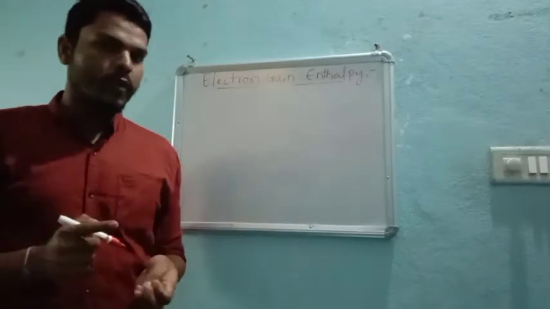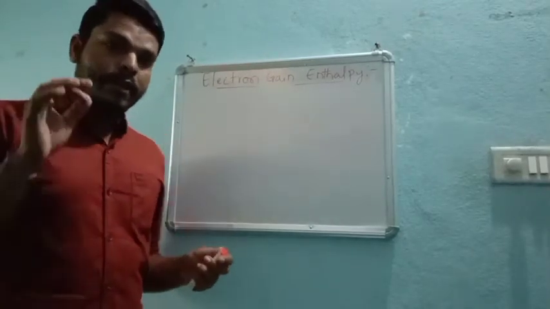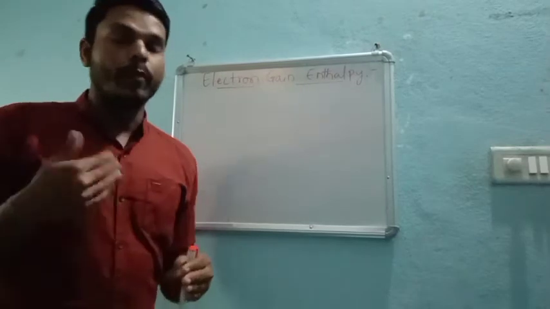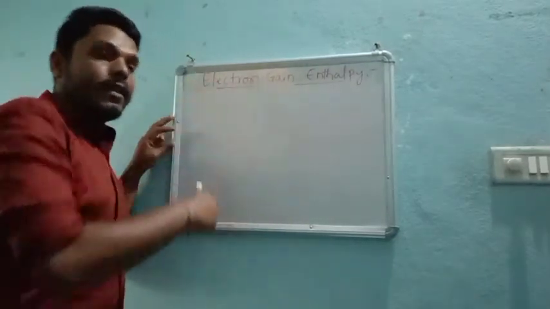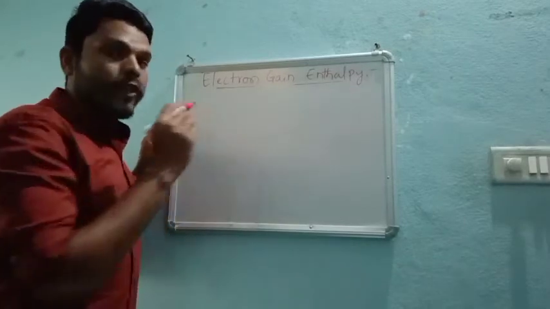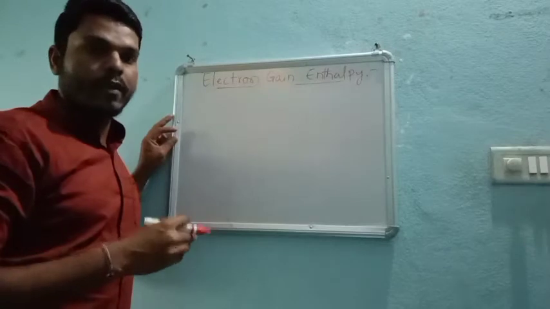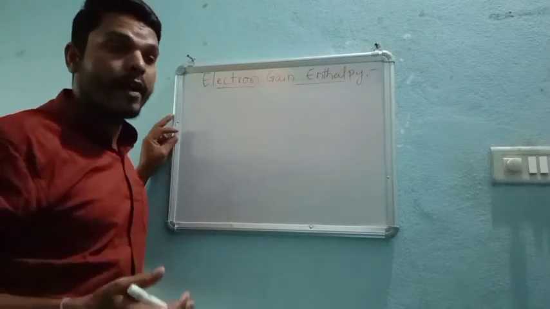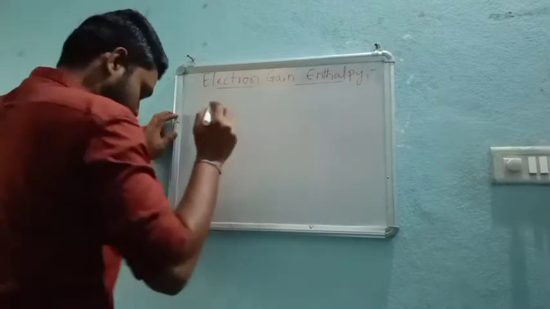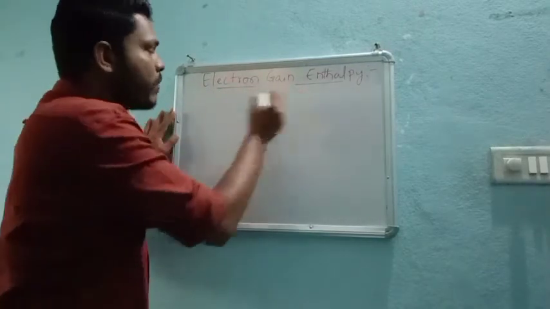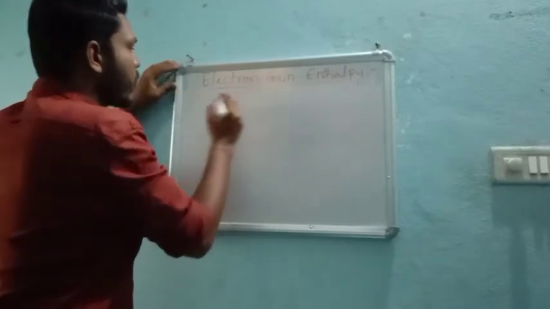In the first video itself I said that we can either add an electron or remove an electron. So now we are adding the electron. Let us define electron gain enthalpy: the amount of energy released when one or more electrons are added to a neutral atom.